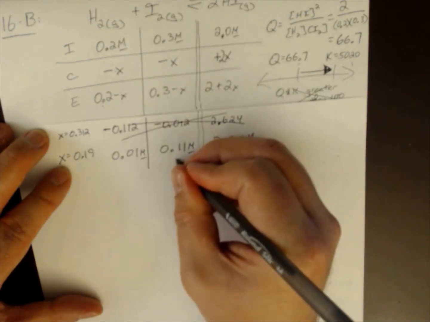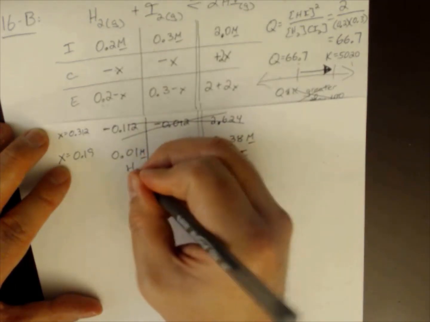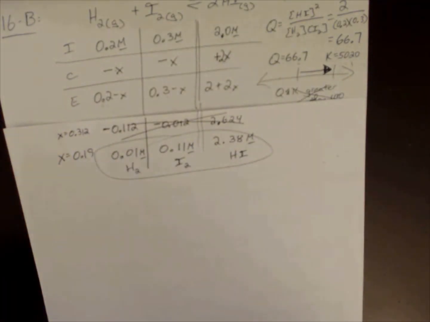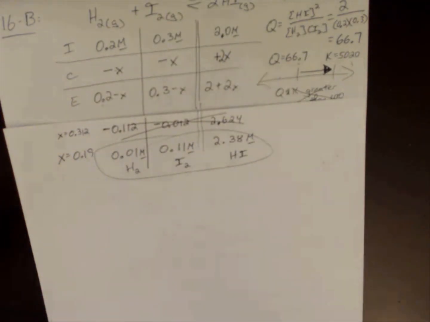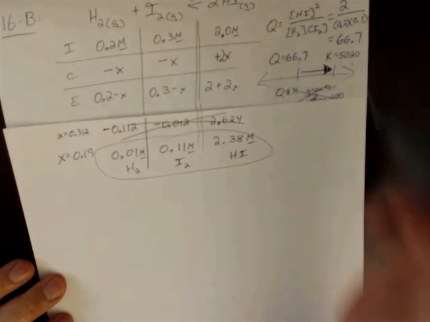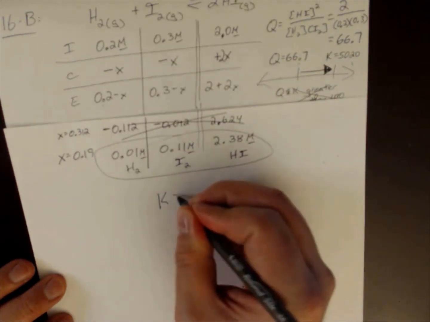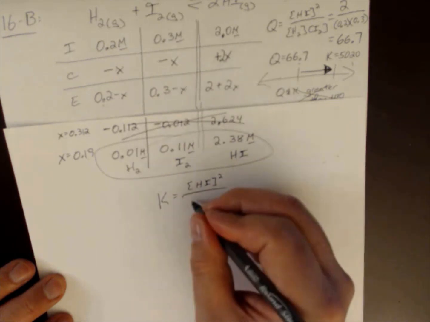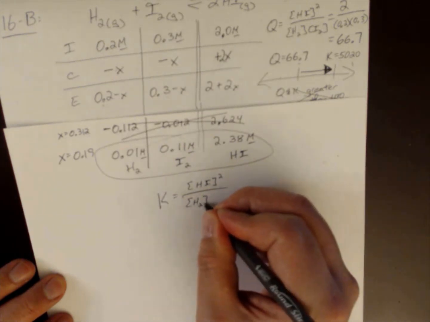Let's go ahead and check our work, because we went through a lot of work and we could have messed up at some point. So let's go ahead and put these back in. So K equals HI squared over H2 I2.